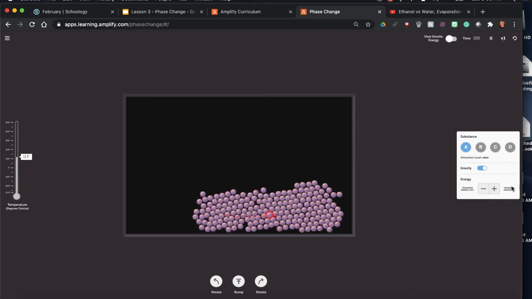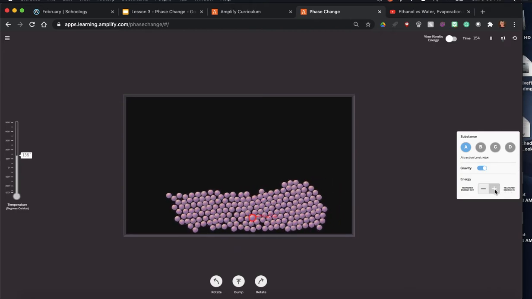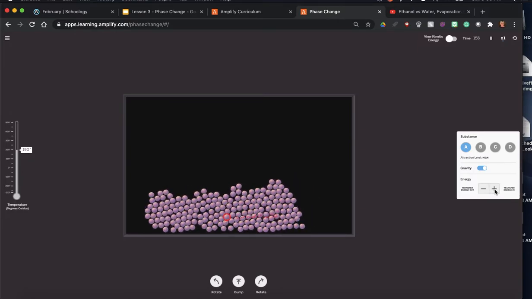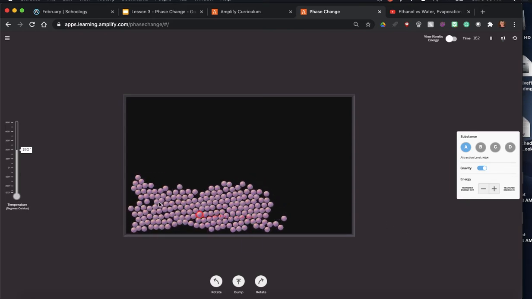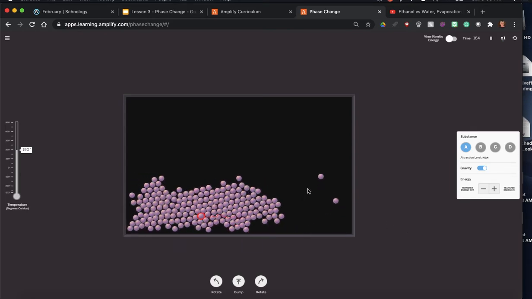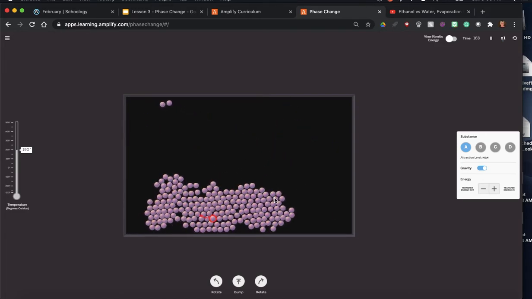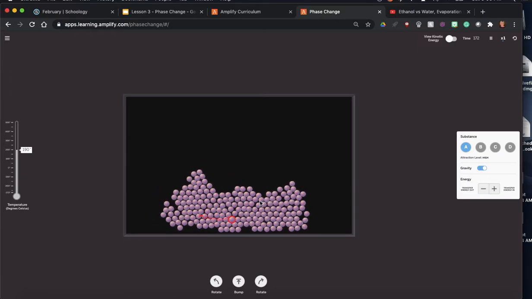Okay, let's keep adding some energy. We're going to do 10 more clicks. 1, 2, 3, 4, 5, 6, 7, 8, 9, 10. Let's observe our molecule, but look at what's happening up here. First of all, we've got lots more gas molecules, but they still want to come back. They're still being pulled back.